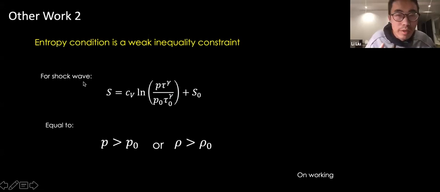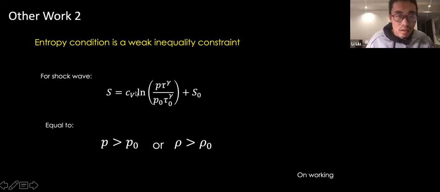It has many expressions, but in PINNs we think the entropy condition is a very weak constraint. It is only effective locally. So introducing the entropy condition, we have tested that it does not work to get a physical result.